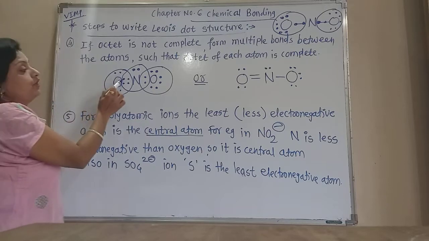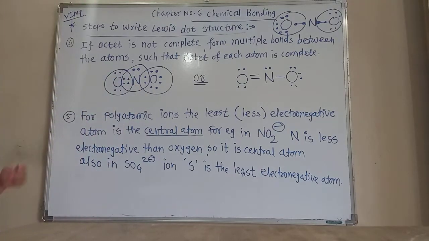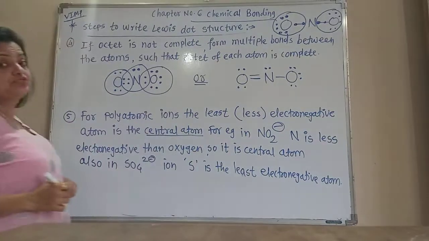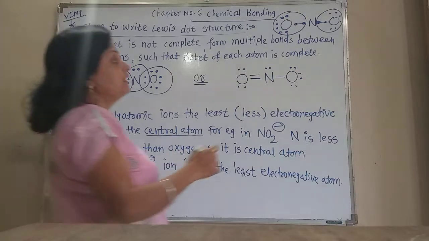So these 1 2 3 4 5 6 7 8, nitrogen also completed its octet by putting 1 extra bond to one of the oxygens, and all three atoms completed their octet. But if we put only the single bond, then that is not possible.